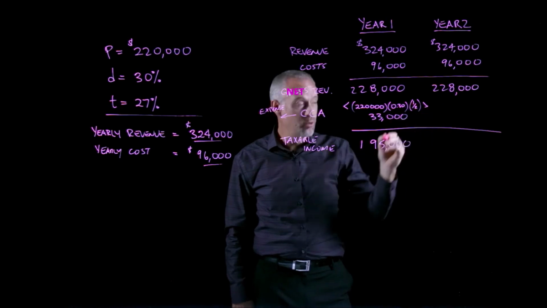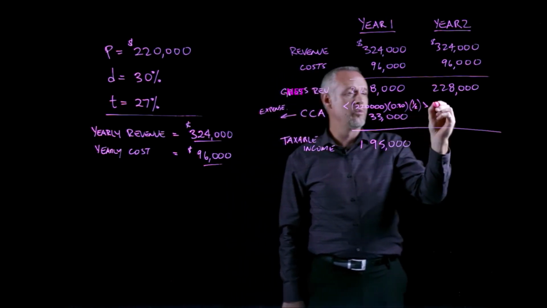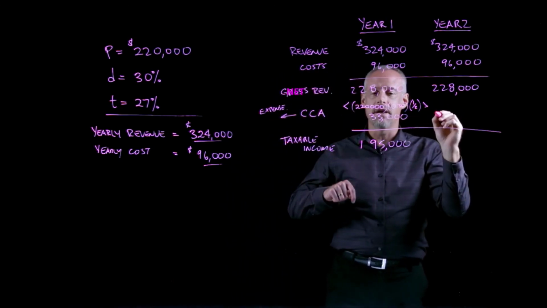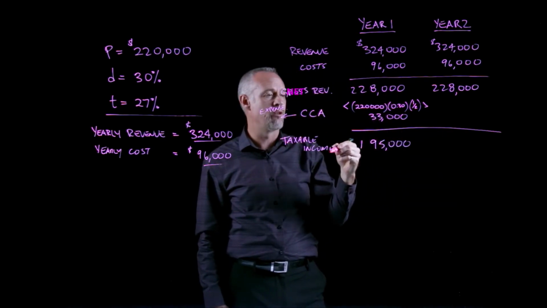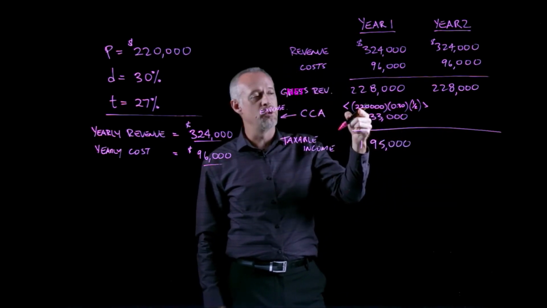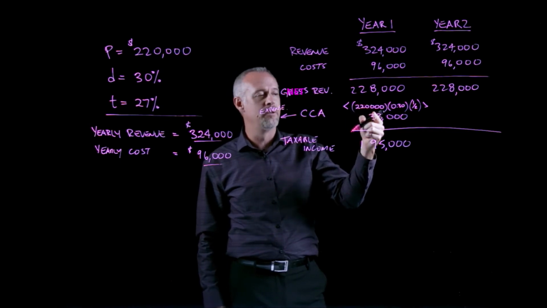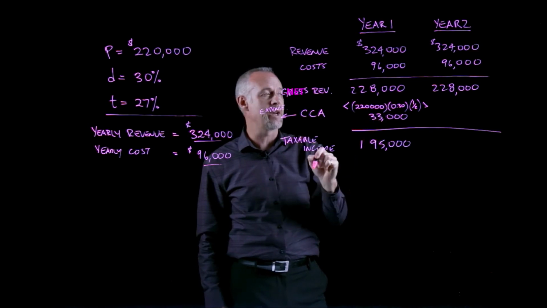For year two, the calculation of our CCA depends on our undepreciated capital costs. So remember, we purchased this bulldozer for $220,000, and then in year one, we claimed a depreciation expense, or a CCA, capital cost allowance, of $33,000.